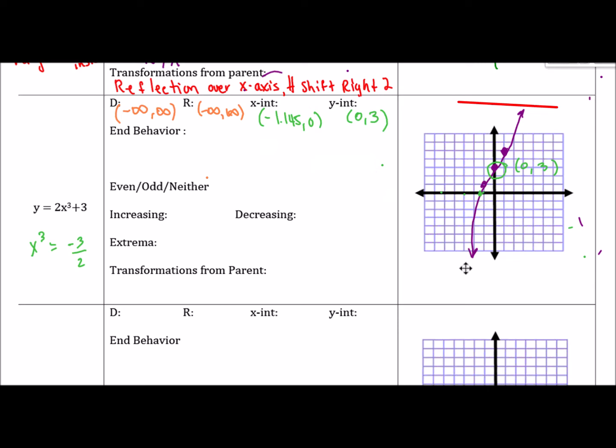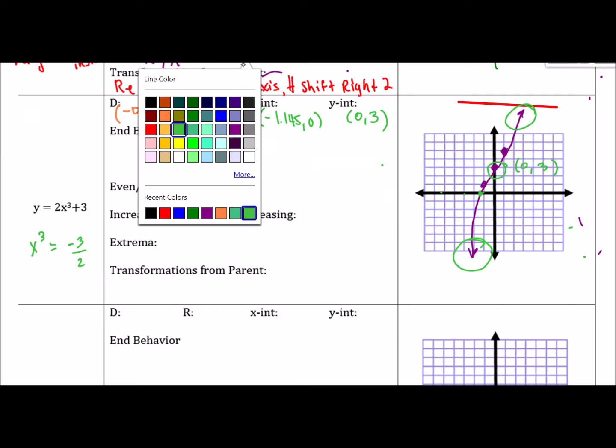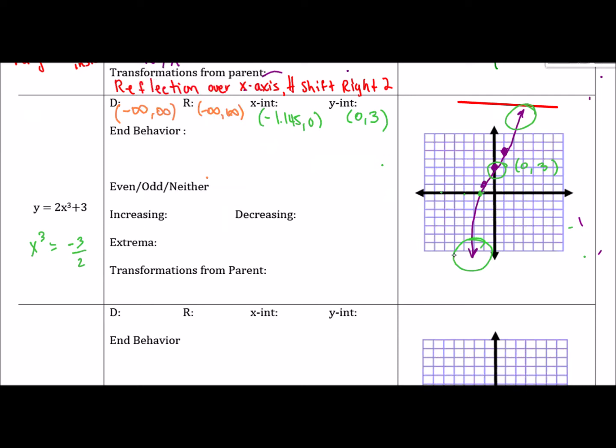Okay, end behavior, we're looking at two sides. We're going to look at this left side over here and this right side over here. Let's change colors. So left side, you start that statement by saying as x goes to, now x is unrestricted. The domain said it goes all the way to negative infinity. So as x goes to negative infinity, looks like the y's are forever going down.